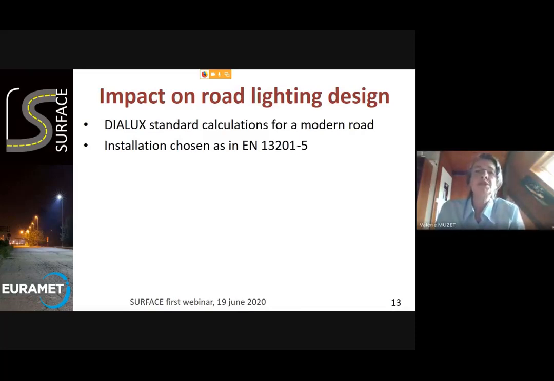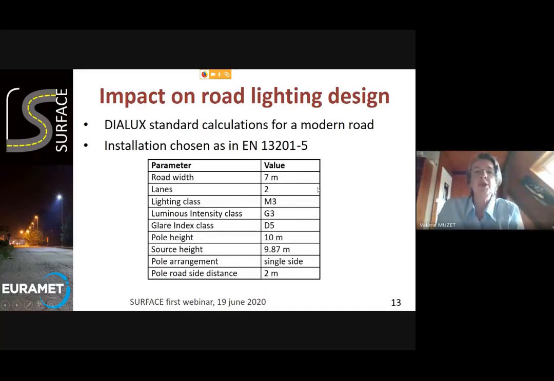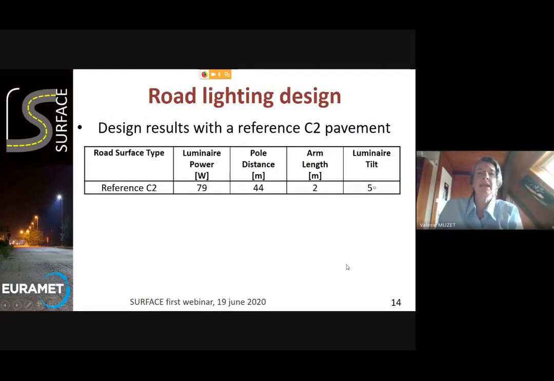So our approach is the following. We did a Dialux standard calculation for a lighting installation. It's a 2-lane installation. We chose the lighting class M3. It's a single side installation. And we optimize the lighting with the reference C2 pavement, which is the classic method to our knowledge across Europe and across the world.